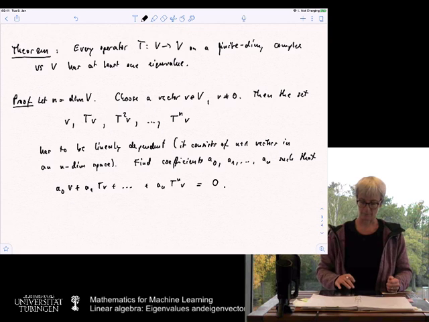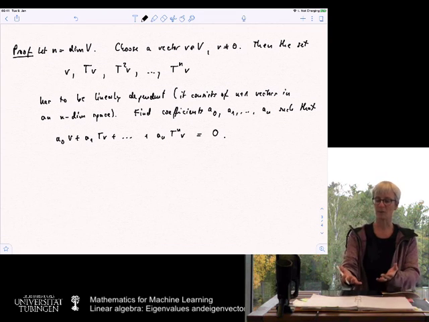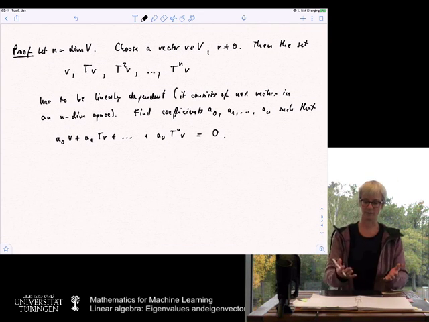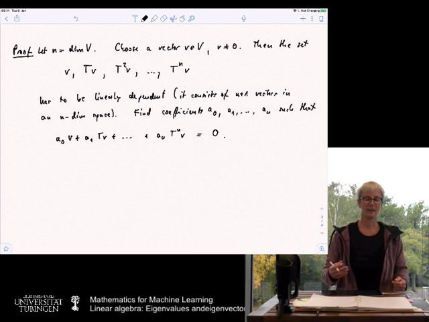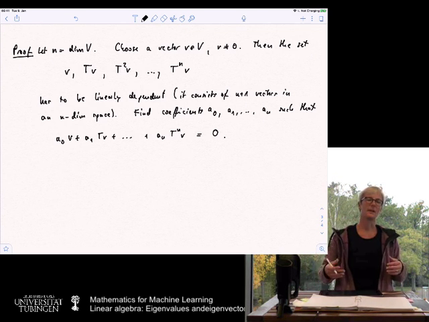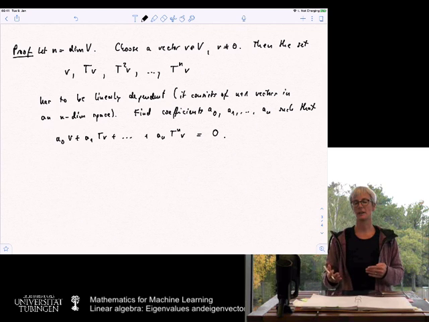For now it's a bit strange why we consider these kinds of operators. And now comes sort of the trick. We're going to see a bit later that there are lots of connections between eigenvalues and polynomials.